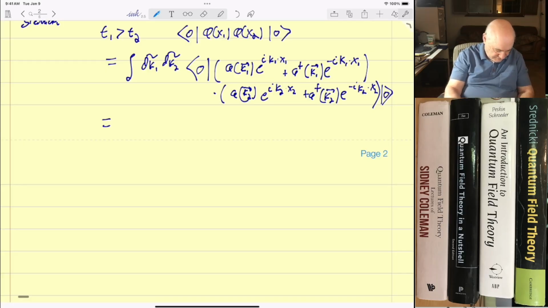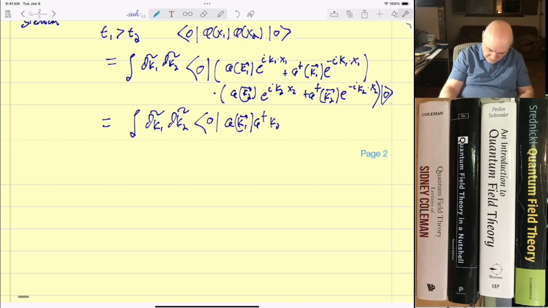So this is just equal to the integral of dk1 tilde, dk2 tilde, 0, a k1, a dagger k2, 0, e to the i, k1 x1 minus k2 x2.